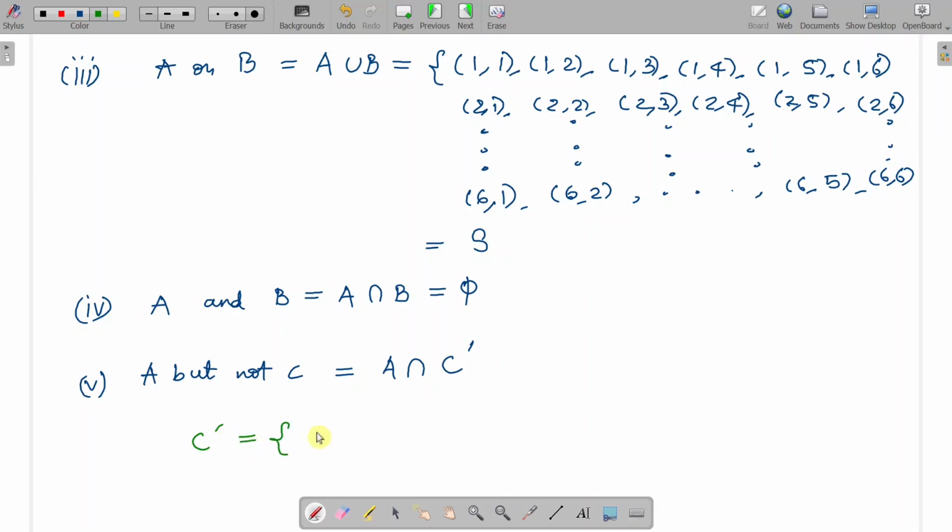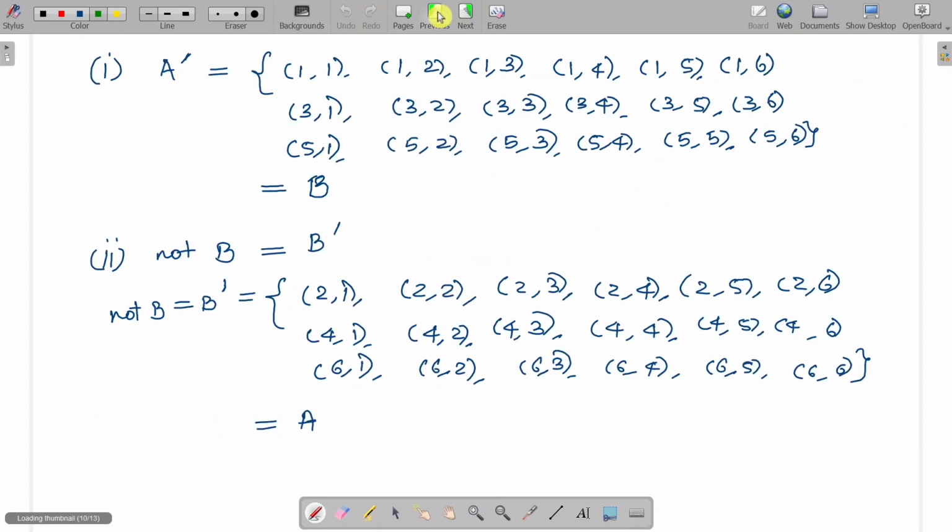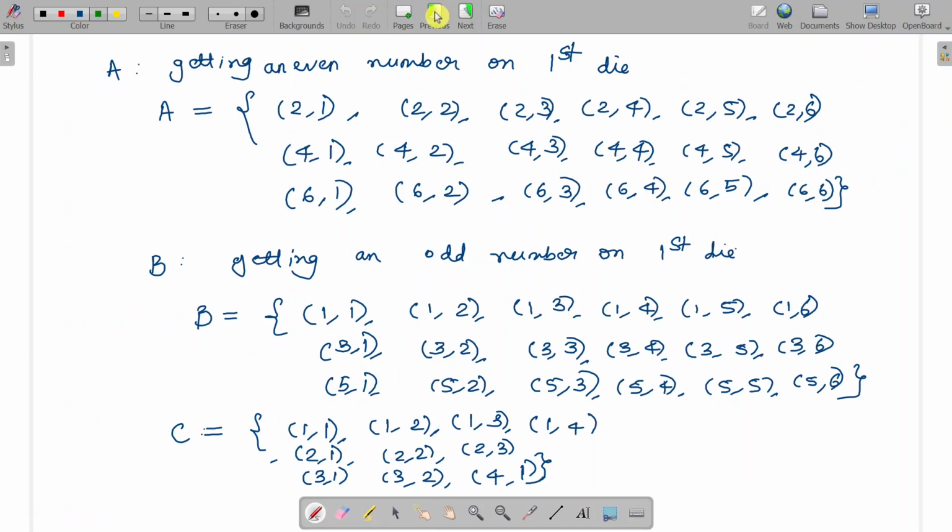So, C complement means the sample points which are outside C and which are in the sample space.